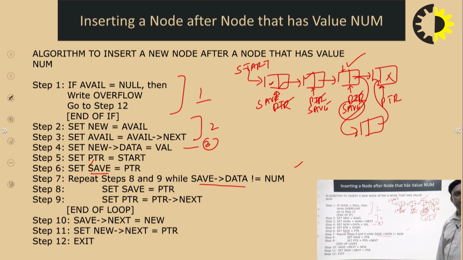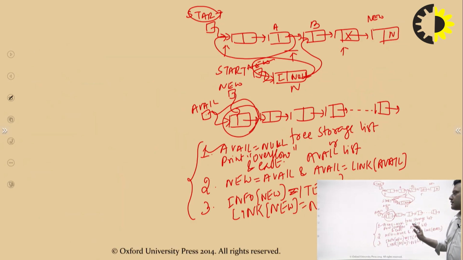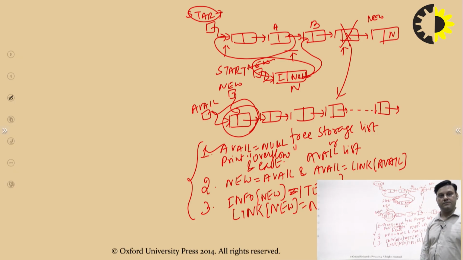Okay, right? Similarly, we will do the deletion here. For deletion, we will do just the reverse. While doing insertion, we are checking whether the free storage list is available or not. In case of deletion, what will we do? After deleting the element, we will return that node back to the avail list. Right?